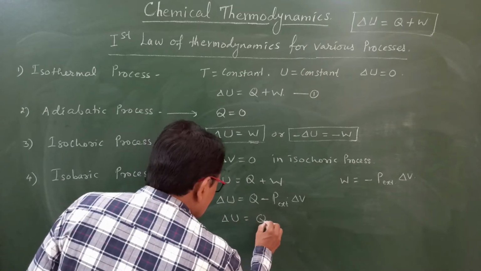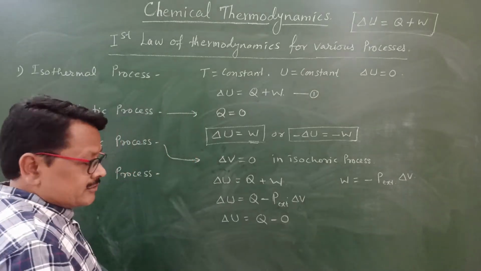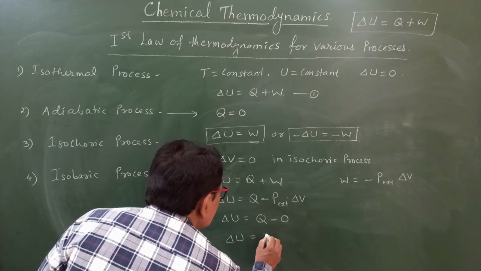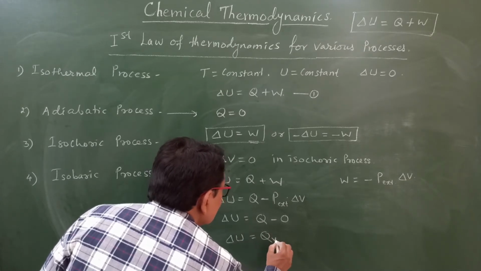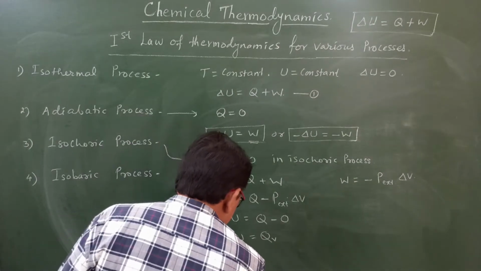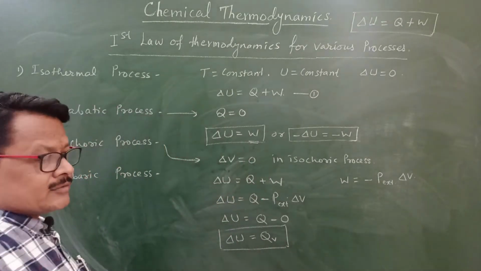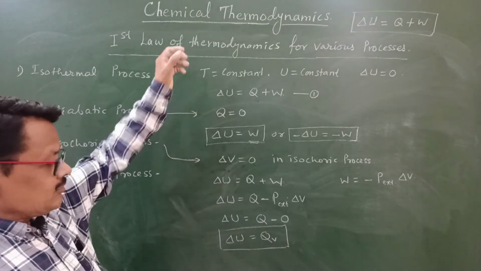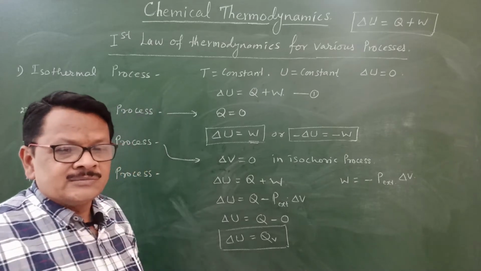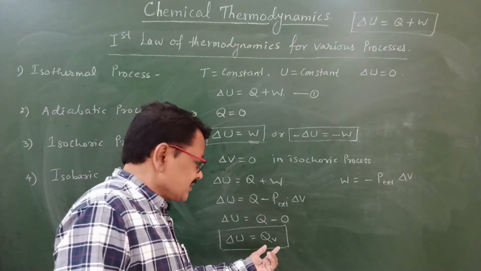Work done is 0 in case of isochoric process, and therefore delta U is equal to Q V. V means at constant volume. This is the first law of thermodynamics for isochoric process. Here, whatever change in internal energy takes place, it is at constant volume.